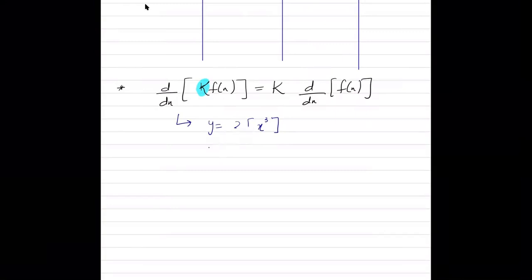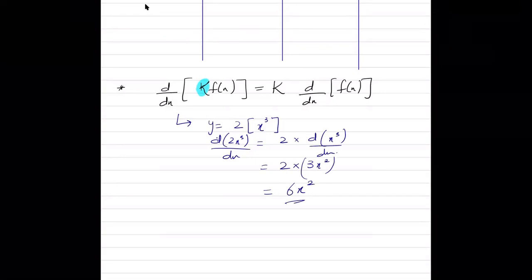So this is what I can write. Differentiation of 2x cubed upon dx can be written as 2 multiplied by differentiation of x cubed. So 2 multiplied by, what is the differentiation of x cubed? It is going to be 3x square. Now 2 times 3x square is 6x square.